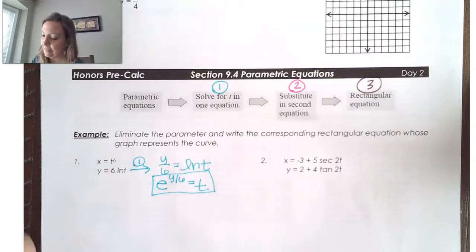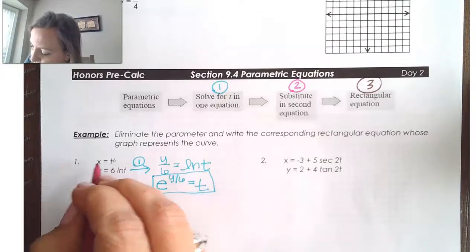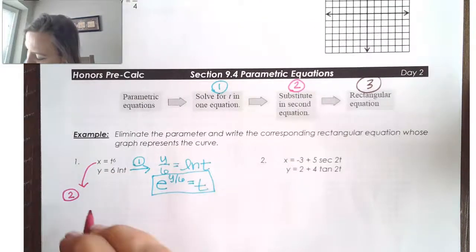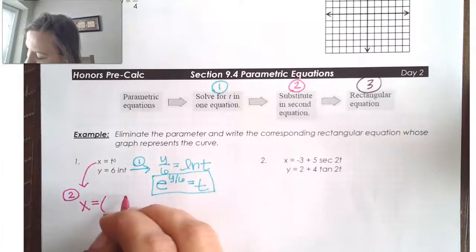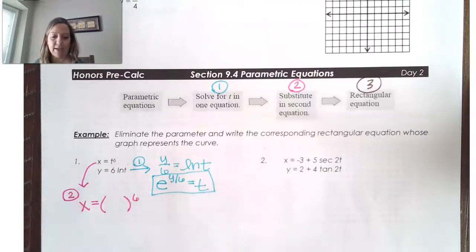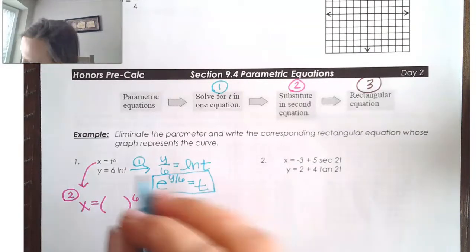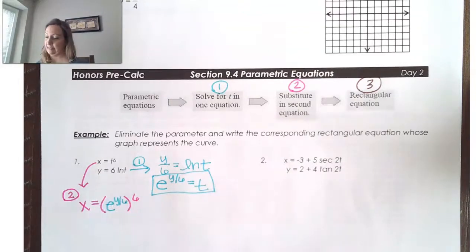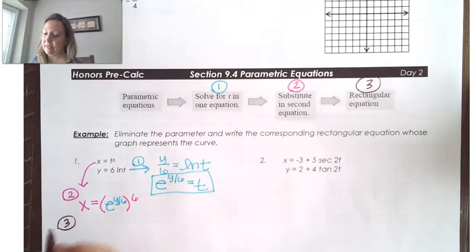Okay. Now in step two, because I didn't use the x equation, I'm going to put that in for t. So x equals t to the 6th, and I just found that t was e to the y over 6. Basically now I simplify that.